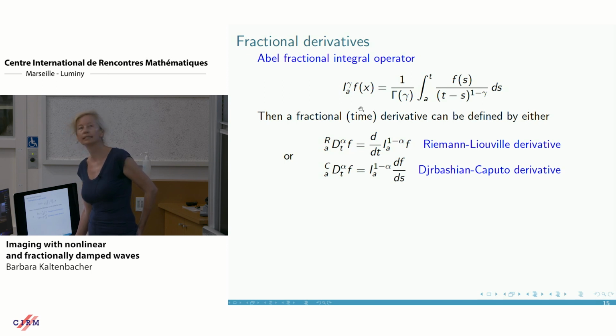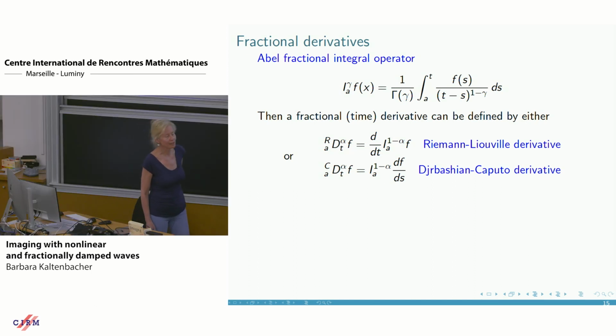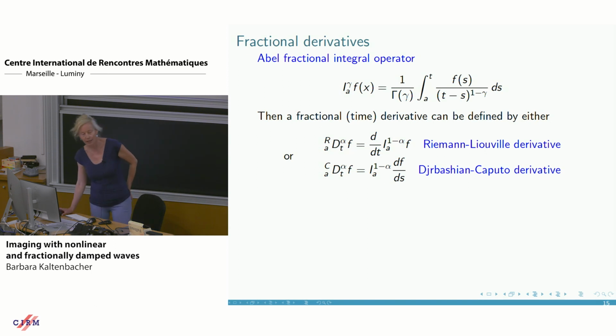And based on this, the Riemann-Liouville and the Djrbashian-Caputo derivative. I'm also mentioning the name of the Armenian mathematician Djrbashian because he has done a lot of very useful work which was somehow unknown in the West for a long time for the usual reasons.